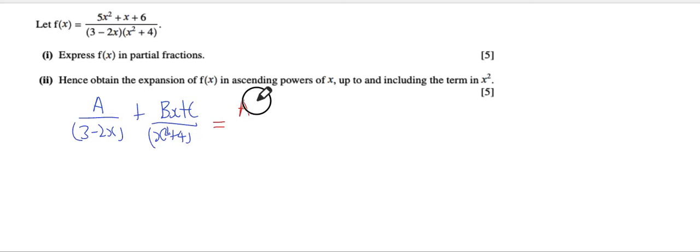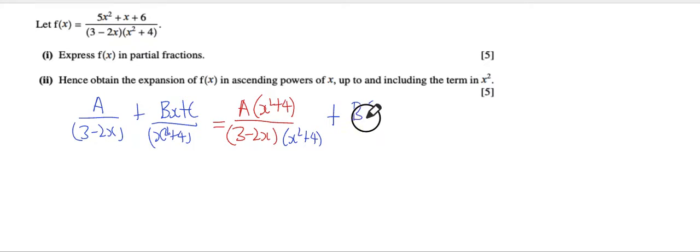I'm going to multiply A by x squared plus 4 over 3 minus 2x times x squared plus 4, and then plus Bx plus C, multiplied by 3 minus 2x.